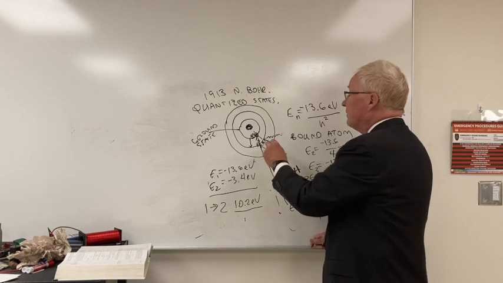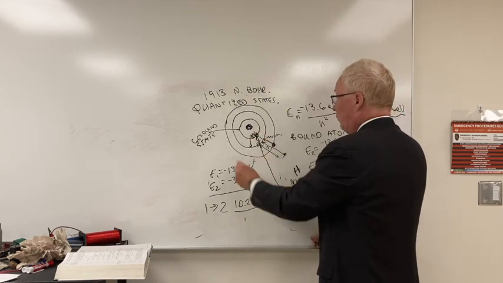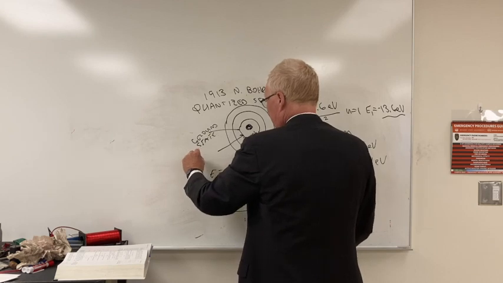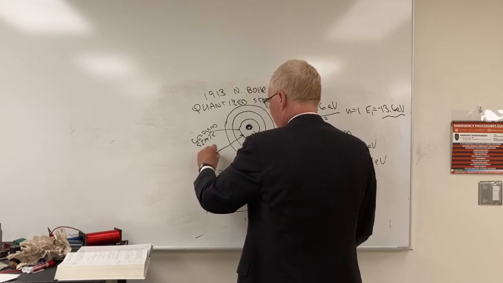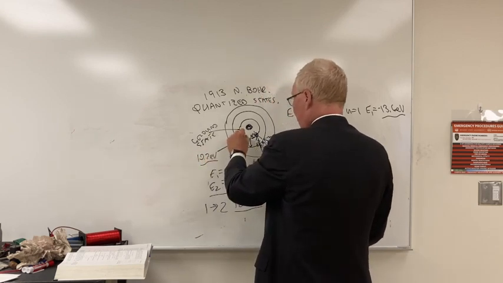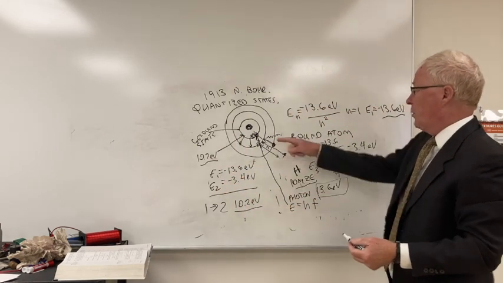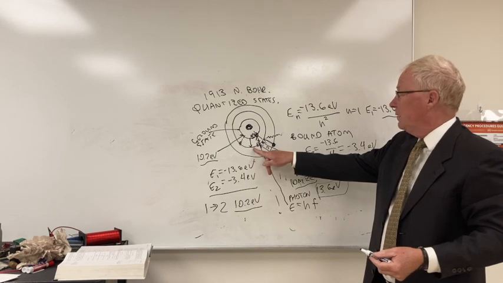So if I'm in the ground state and I hit it with a photon of 10.2 electron volts, it will go up to the second level. It would actually be 3/4 of the way out of the atom.